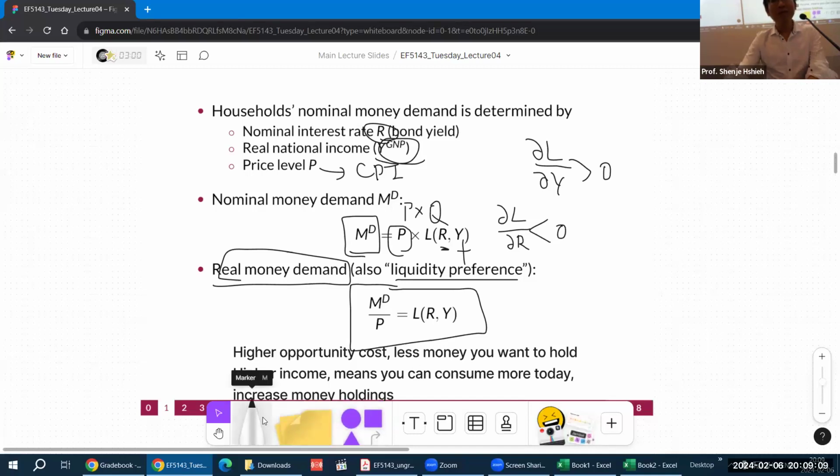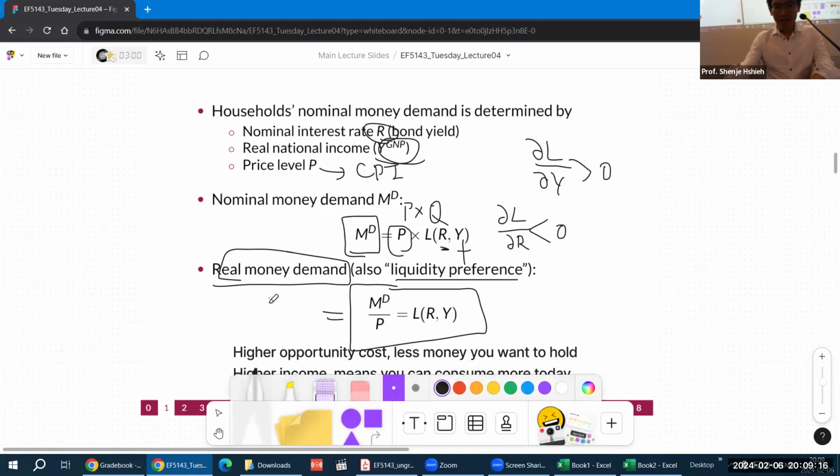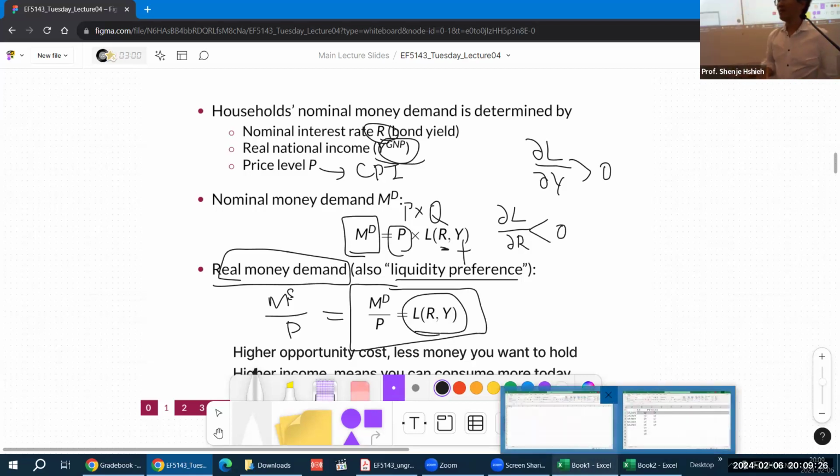So equilibrium in this money market is simply fixing MS over P equal to liquidity preference, right? So that's going to represent our money market, because as economists, we like stable points or equilibrium.